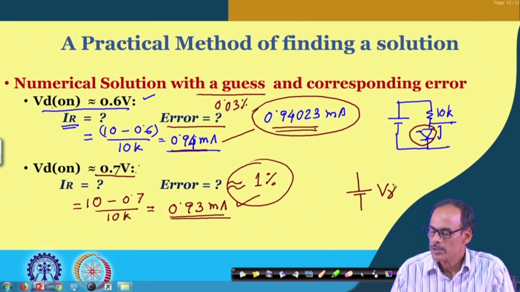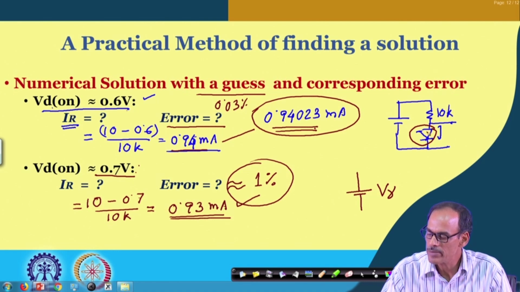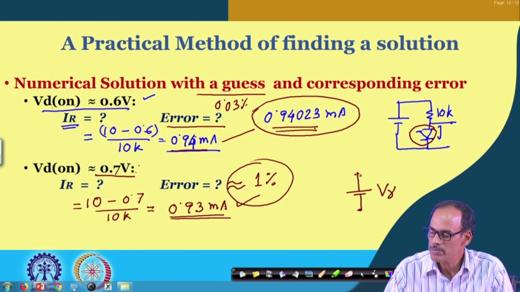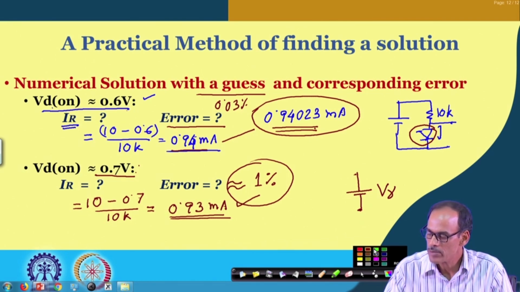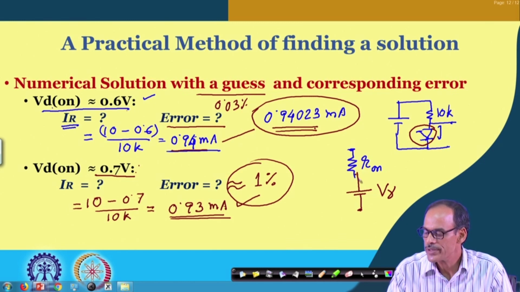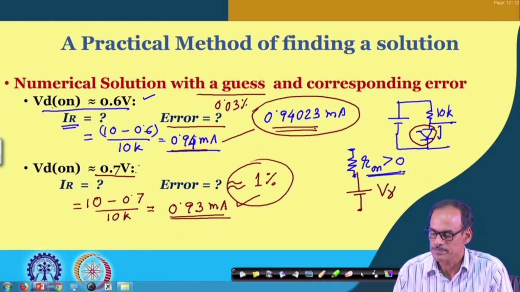But then, depending on the current level, the voltage drop across this diode may not remain the same. So, whatever little dependency of the voltage and current is there, that may be represented by probably another element called R_on. So, depending on the context, we may say that either this is 0 or it may be non-zero, and typically the value of this R_on will be small.